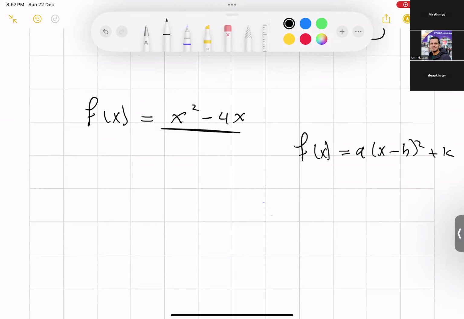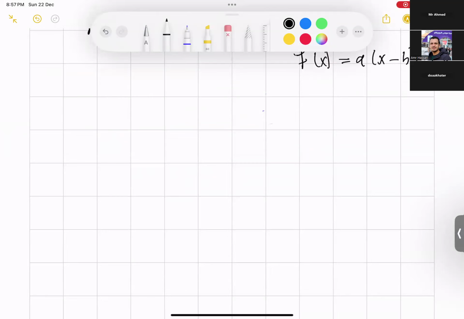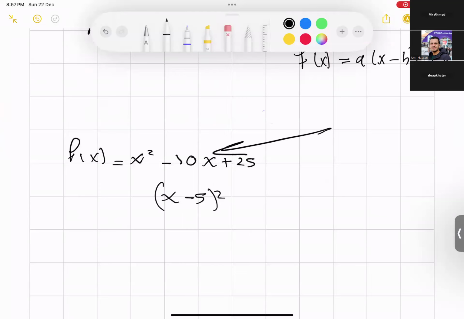Where's the third? We don't have the third, because if we had, for example, x squared minus 10x plus 25, this is called a perfect square, which makes sense. And instead of writing this one, I could turn it into (x minus 5) all to the power of 2, because I have a trinomial, 3 terms, right?